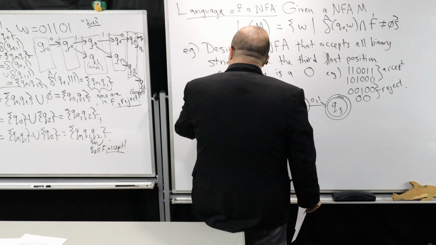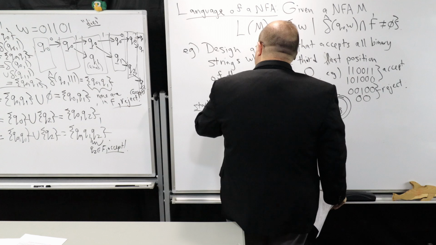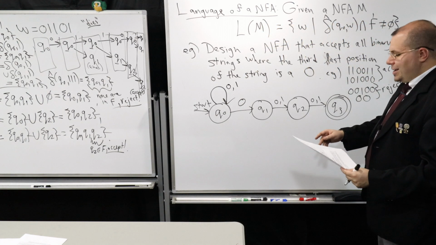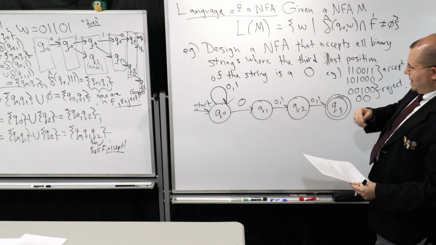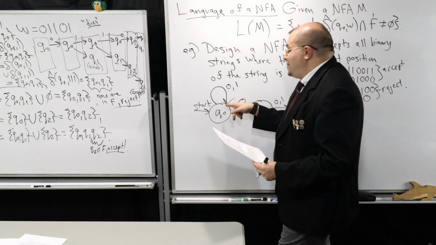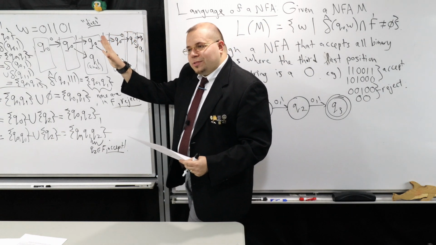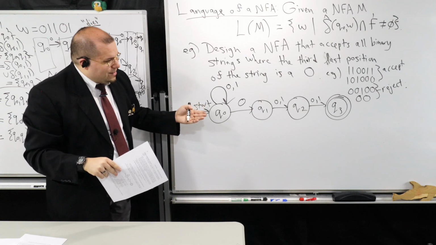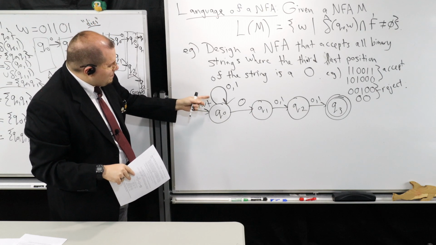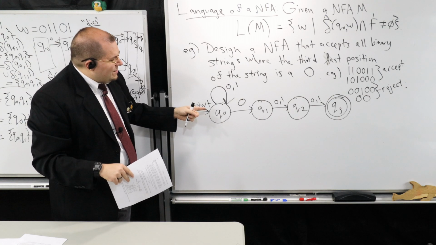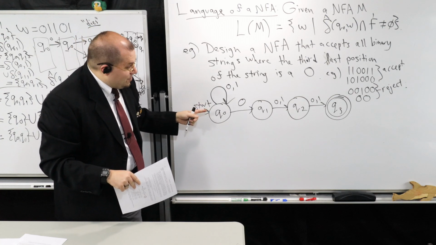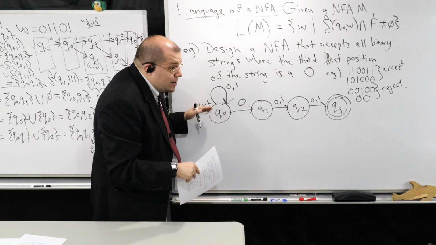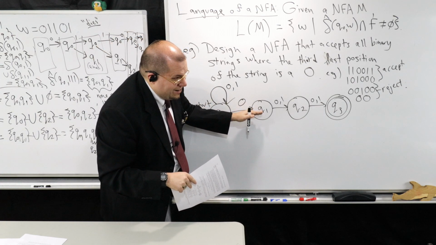So I heard about a loop. Loop's a very good idea. Let's put a loop right here. I think this will cut it. Because remember, when you think back to the idea we had over there, if I keep reading binary strings, with 0s and 1s like this, I can read a bunch of 0s and 1s, but as soon as I encounter a 0, one possibility is it's going to stay in Q0, and it's also going to have another possibility where it's going to go to Q1.